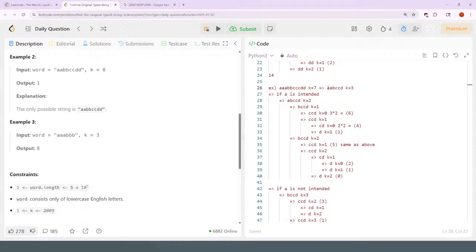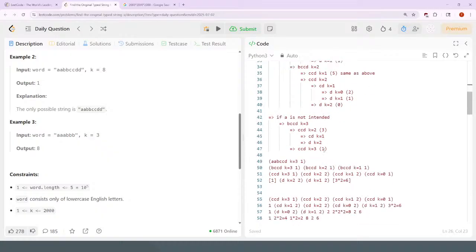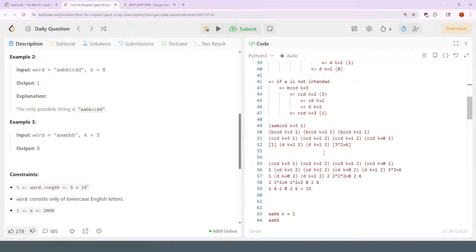5 times 10 to the 6, or 4 times 10 to the 6 if I square it. Man, I just don't think this is fast enough, even if I try to code it.